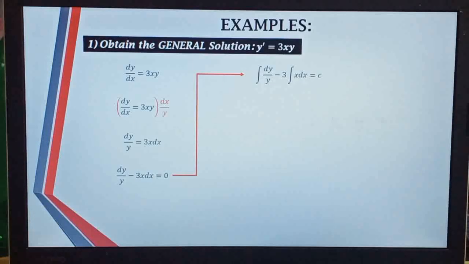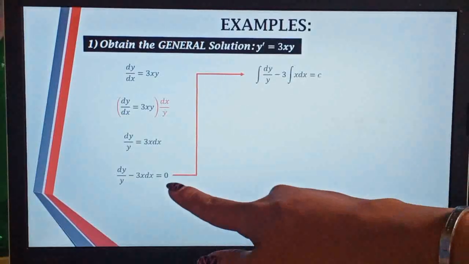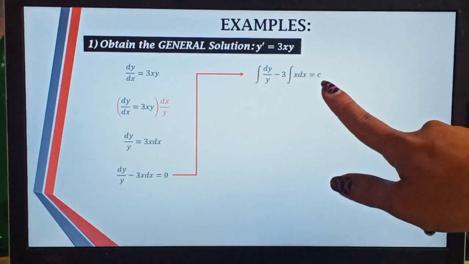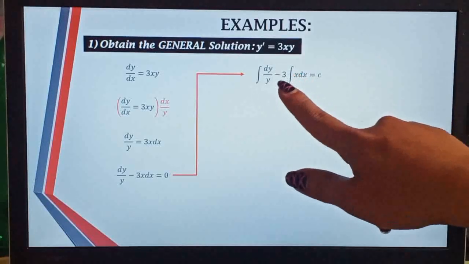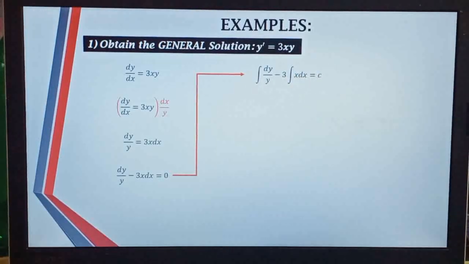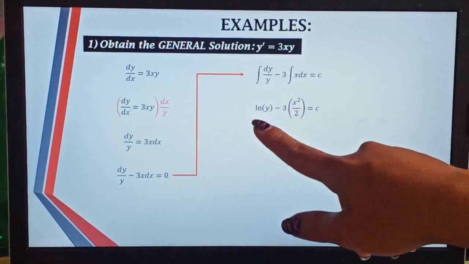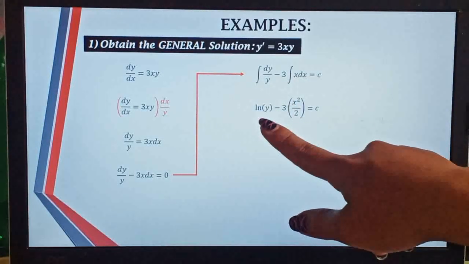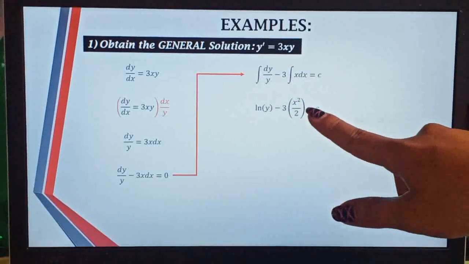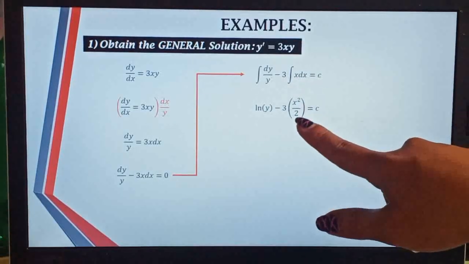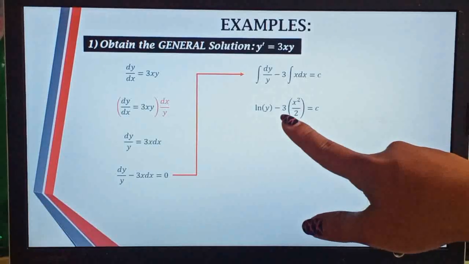Now, we will have an equation of the integral of dy over y minus 3 times the integral of x dx equated to c, since the integral of 0 is c. We take out 3 since 3 is a constant. Then, the integral of dy over y is equivalent to ln of y, and the integral of x dx is equivalent to x squared over 2, multiplied by the constant 3.